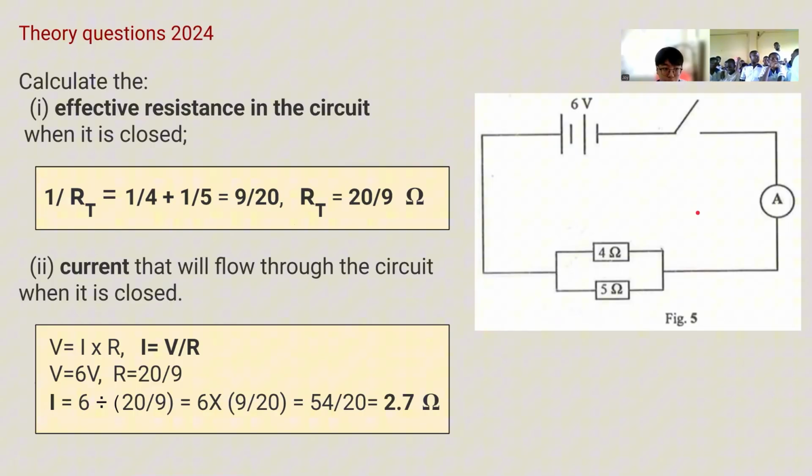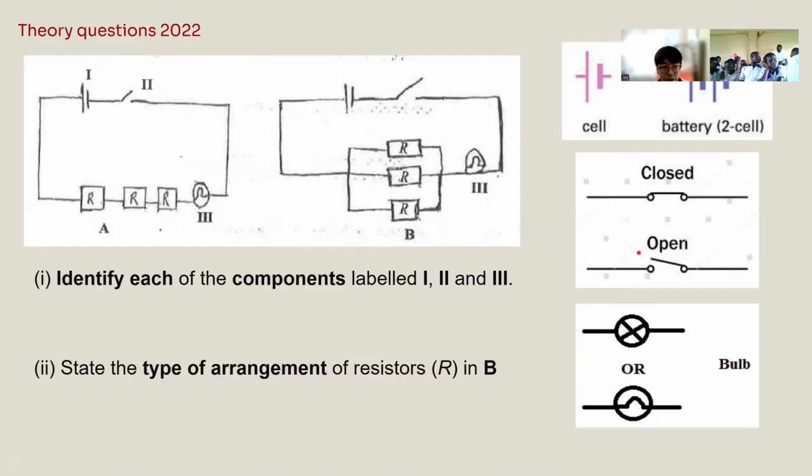Okay. So I think I will move on to this next question. If you look at this, the first question is identify the components labeled 1, 2, and 3. So here, what is this one? Does anyone know? What is it called?